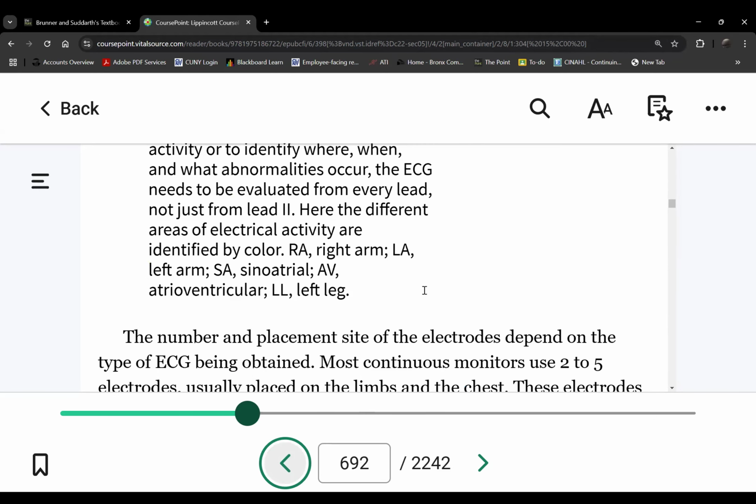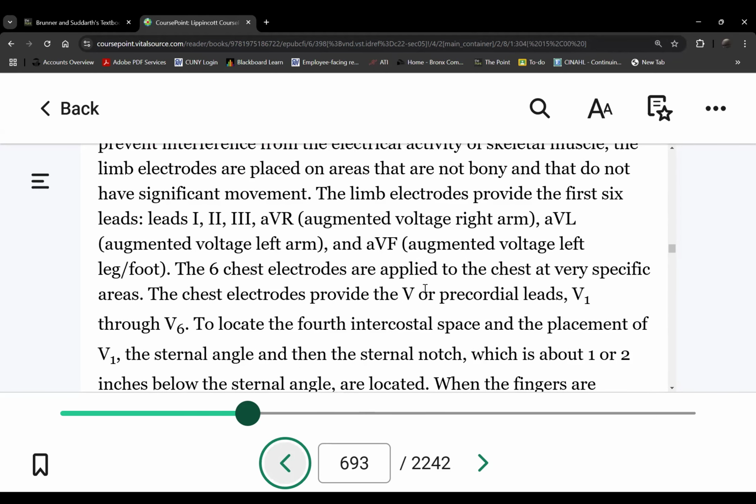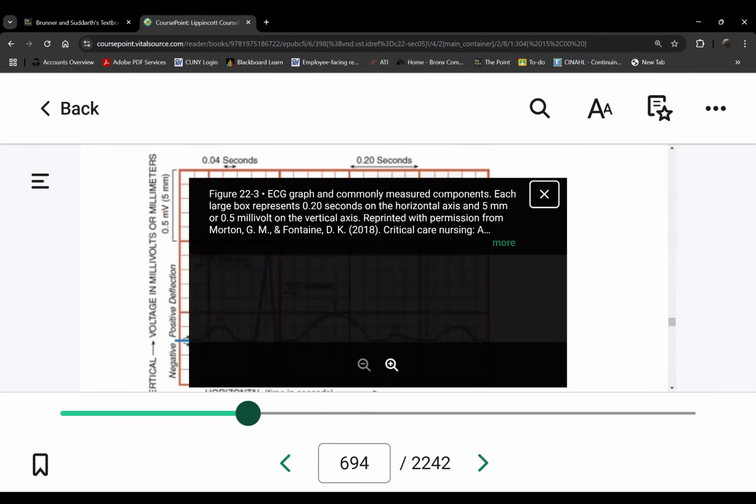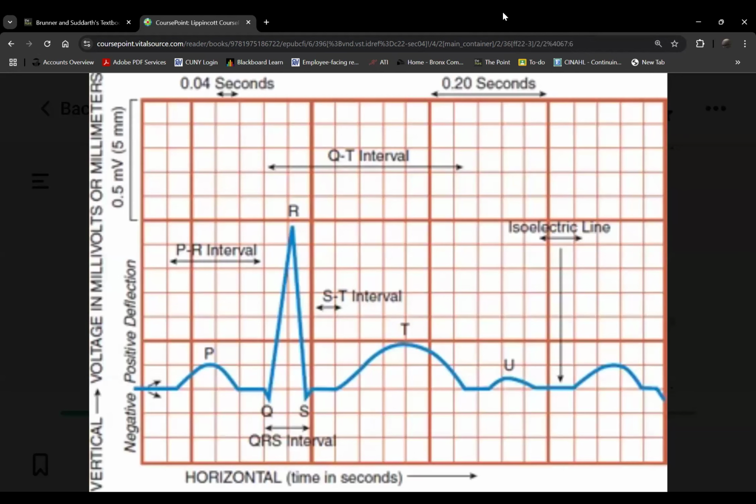Here's our ECG paper again. So what does each small box represent again? 0.04 seconds. So therefore, 5 small boxes, which is 1 big box, is how long? 0.2 seconds.